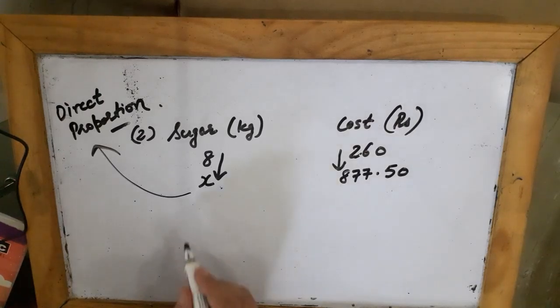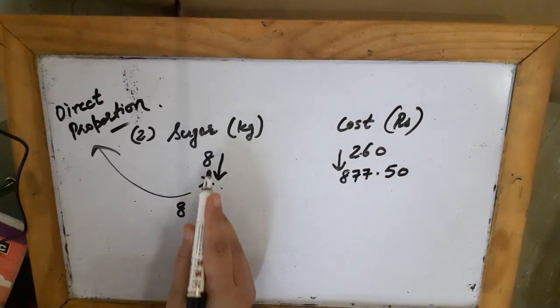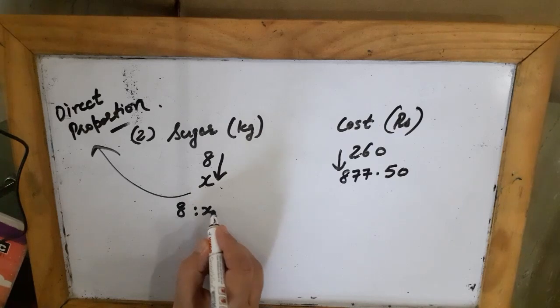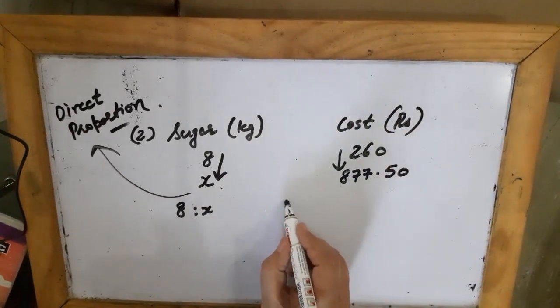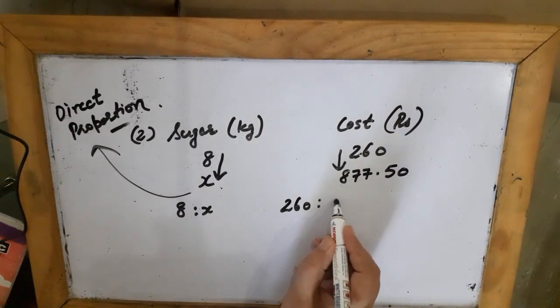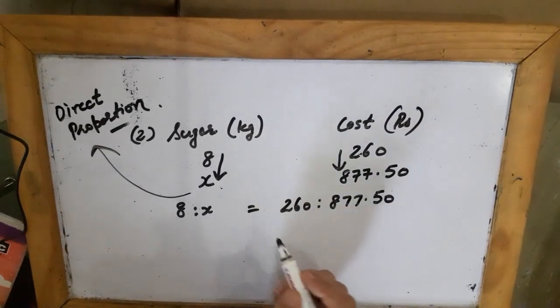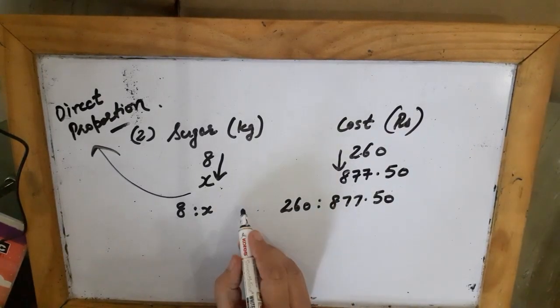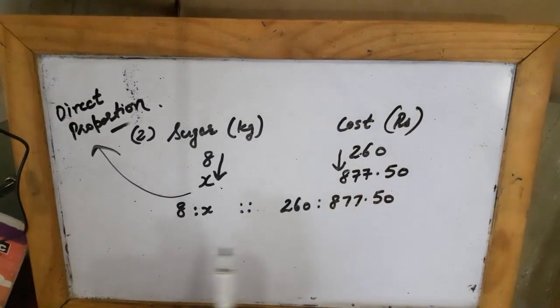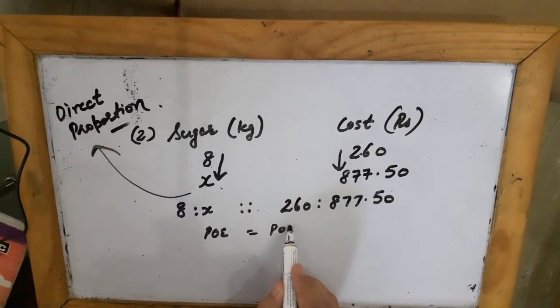So let me put them in the form of a ratio. I can say 8 is to x, because this is in direct proportion, so 260 is to 877.50. So both will be equal, and I can write over here the sign of proportionality. Okay, so now how can I solve it? By this rule, product of extremes is equal to product of means.